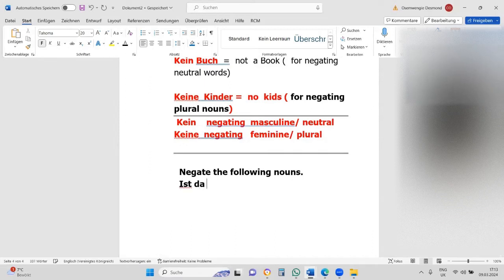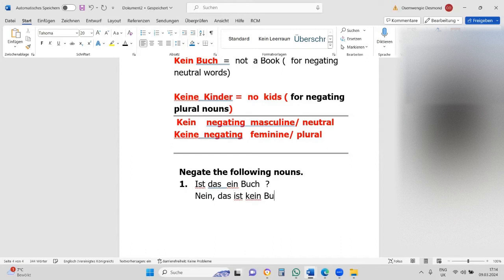Ist das ein Buch? Is that a book? If it is not a book, then what do you say? Nein. Das ist kein Buch.